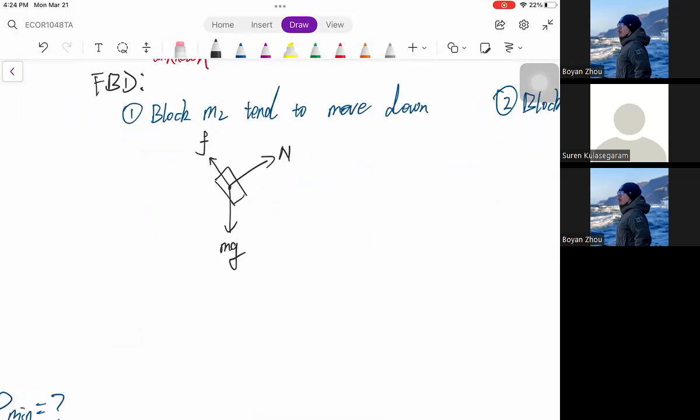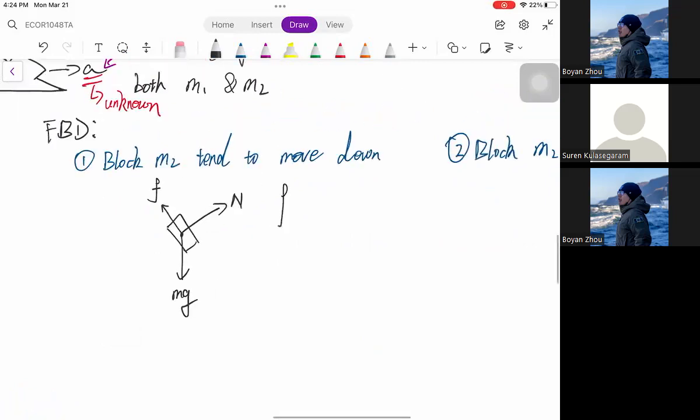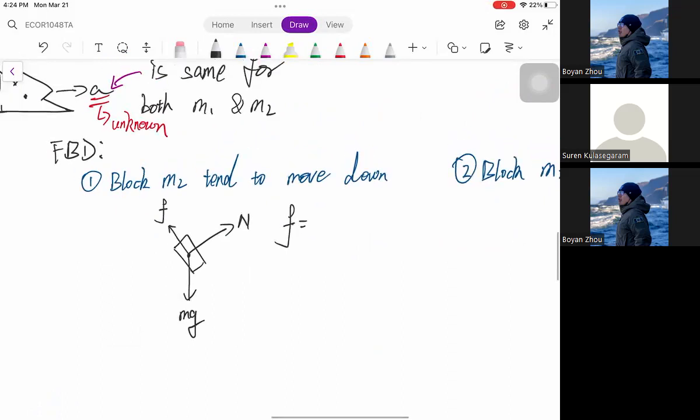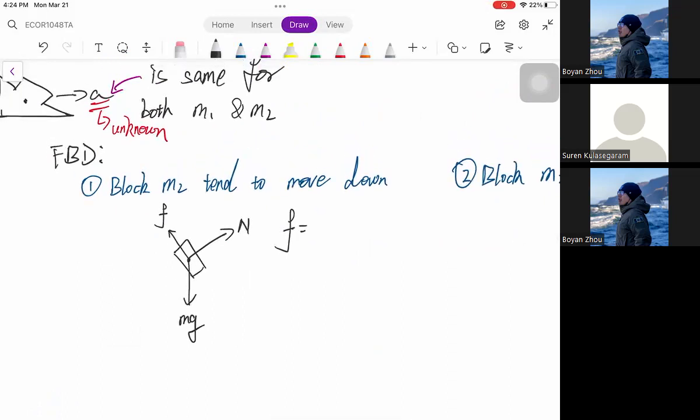So let's do this. We know the block is not moving up or downwards.